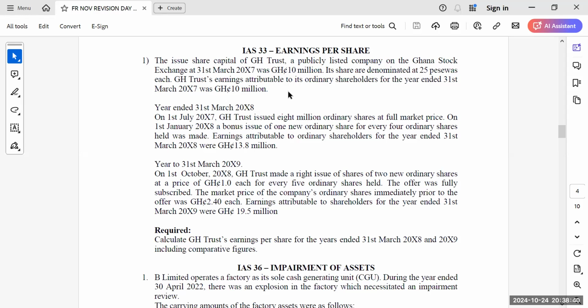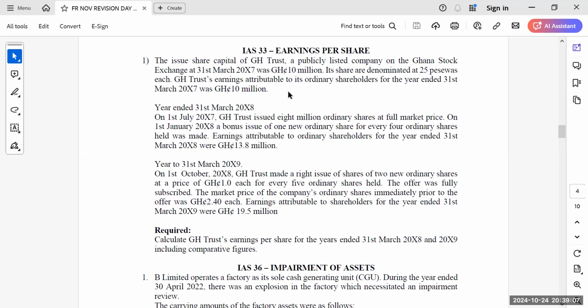Year ended 31st March 2008. On 1st July 2007, GH Trust issued 8 million ordinary shares at full market price. On 1st January 2008, a bonus issue of 1 new ordinary share for every 4 ordinary shares was made. Earnings attributable to ordinary shareholders for the year ended 31st March were 13.8 million Ghana cedis.